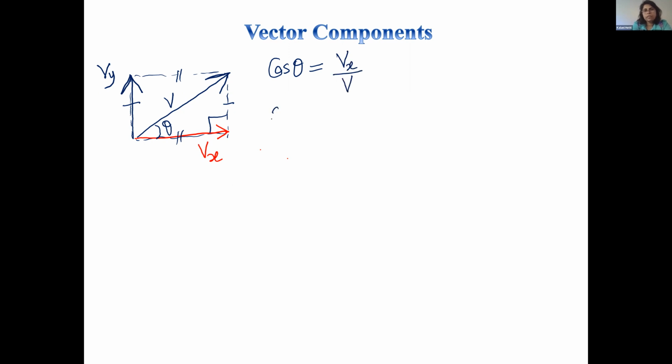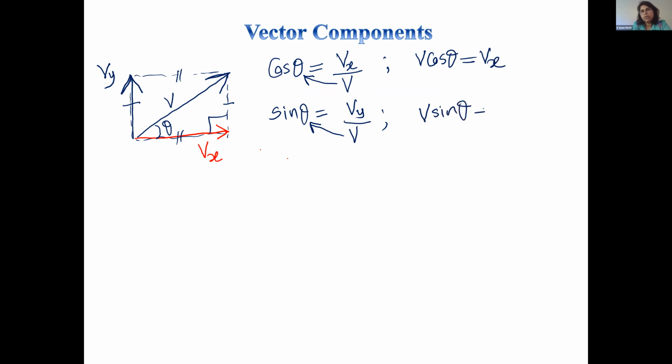And similarly, sine of theta is opposite over hypotenuse, right? After you know this step, you don't want to keep writing these things, because by cross multiplication you can say V times cosine of theta is your Vx, right? And V times sine of theta is your y component of the vector, right?